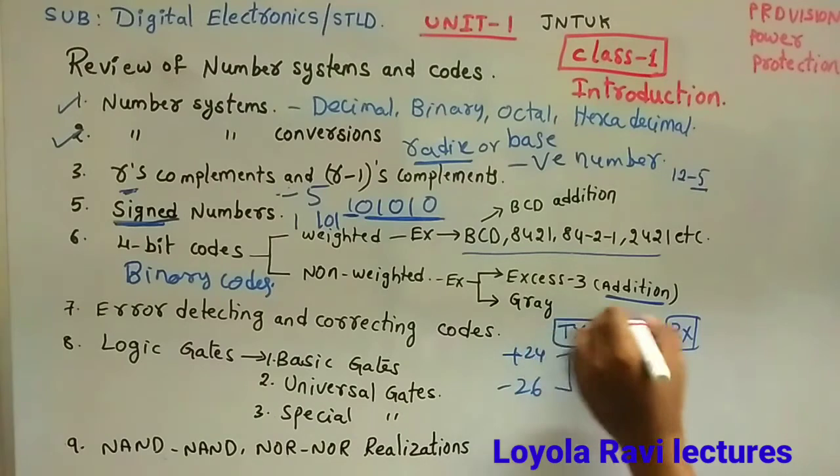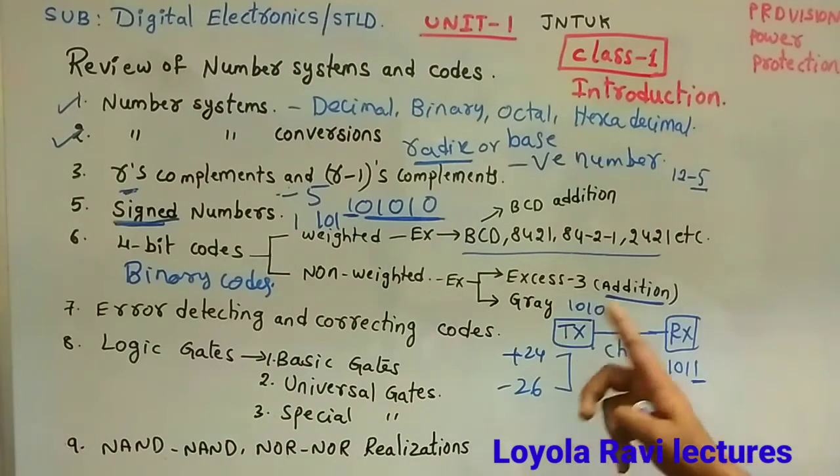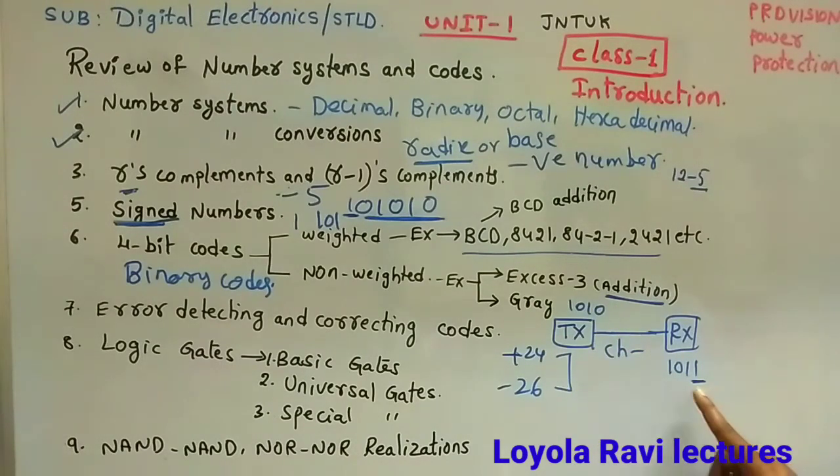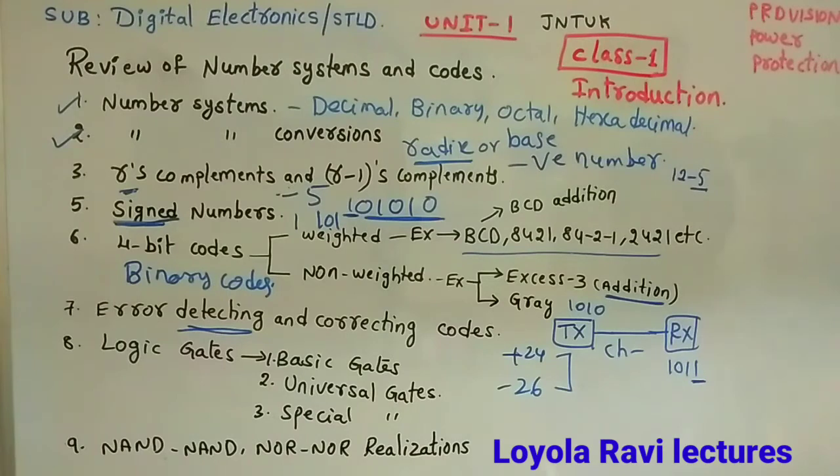For example, I am transmitting the information 1010, like that. It reaches the receiver as 1011, for example. Then there is an error. The last bit is in error. So this is nothing but error detection, identifying the error. Single bit error detection we are discussing here.